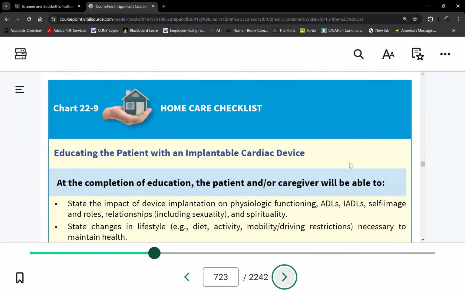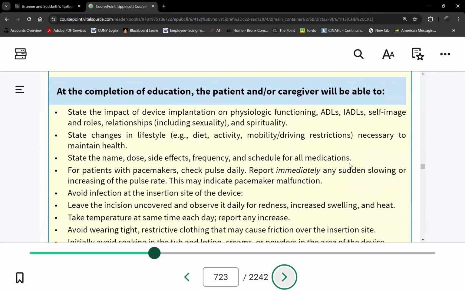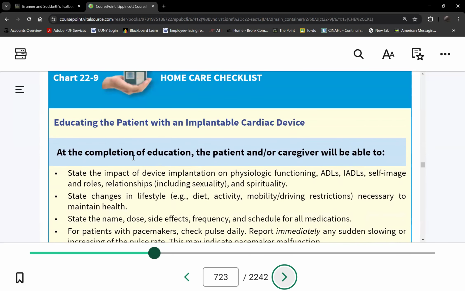Okay, right here, Chart 22-9 applies to both ICD and pacemaker. The title of the chart is Educating a Patient with an Implantable Cardiac Device. It doesn't say defibrillator only, so this is an implantable cardiac device, which refers to both a pacemaker or an ICD.